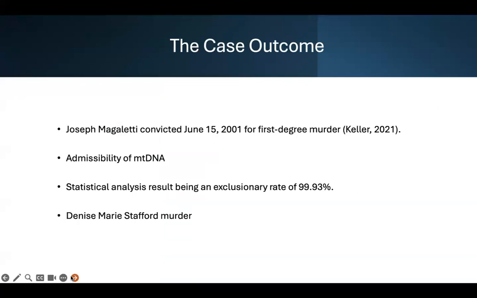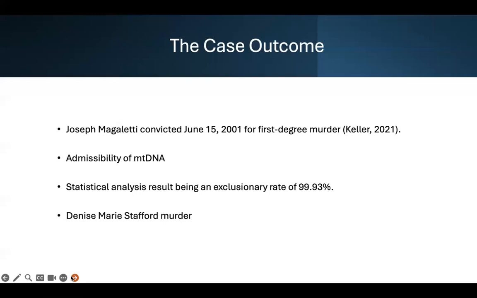So what was the outcome of this case? He was finally convicted on June 15th, 2001 for first degree murder. The admissibility of mitochondrial DNA was argued, but a Frye hearing established that mitochondrial DNA analysis, as well as the statistical calculation used, was generally accepted by forensic scientists throughout the country, as mentioned in Magaletti versus State.